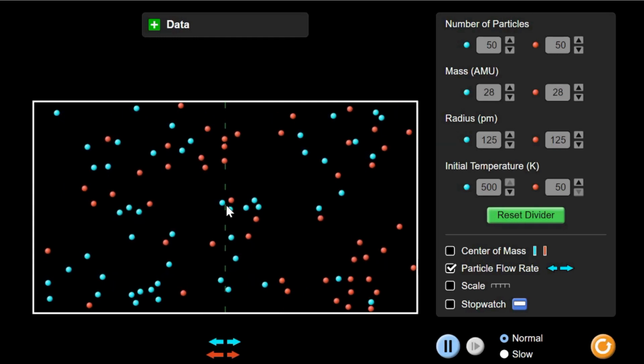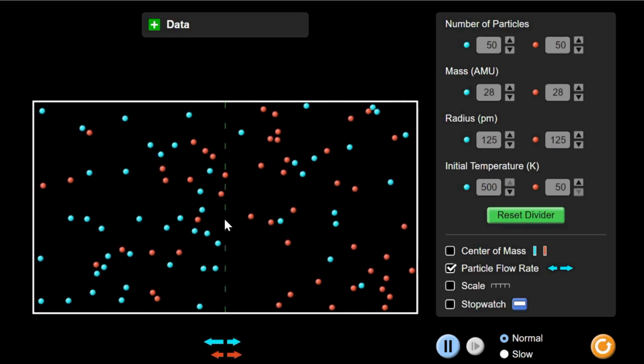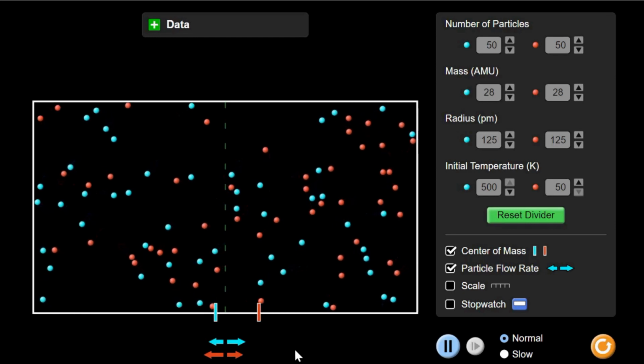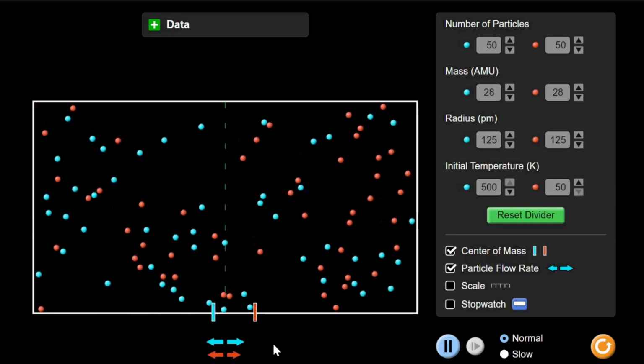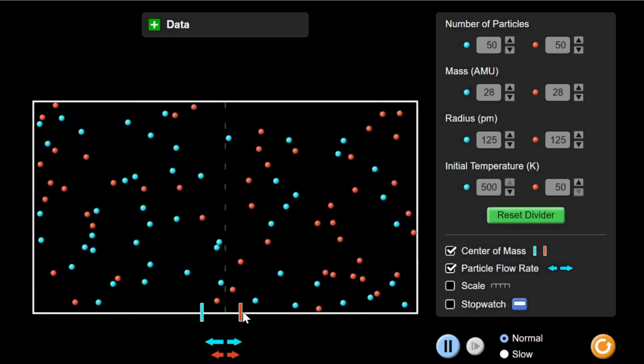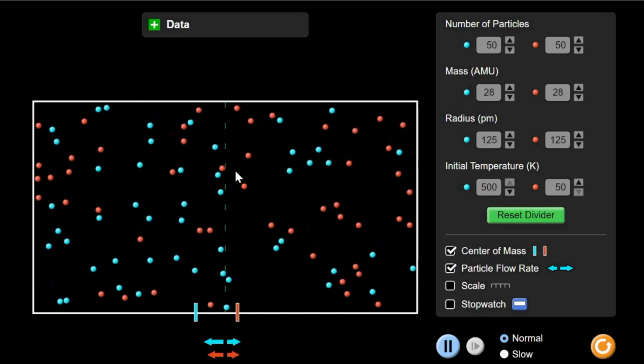Of course, from time to time that can differ, but on average they are the same, which means the system reached thermal equilibrium. If we look into the center of mass of these particles, this is how it looks, but it is oscillating somewhere around the middle of the container, which does make sense.